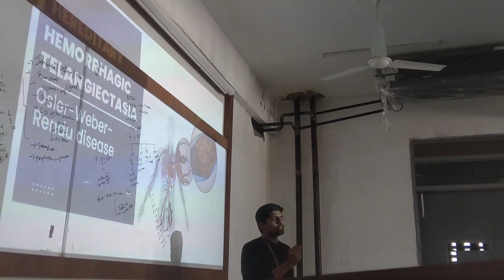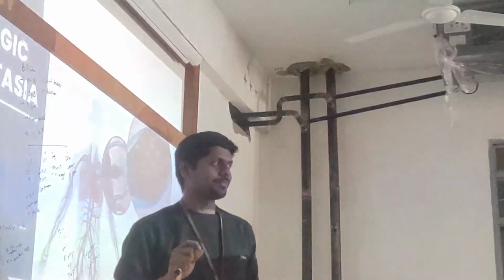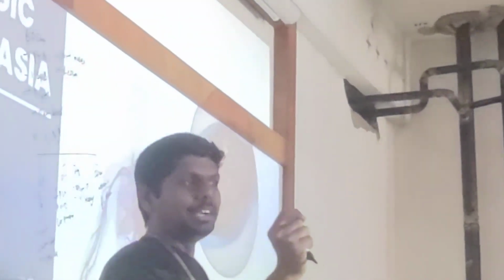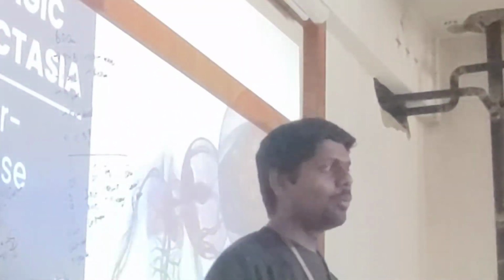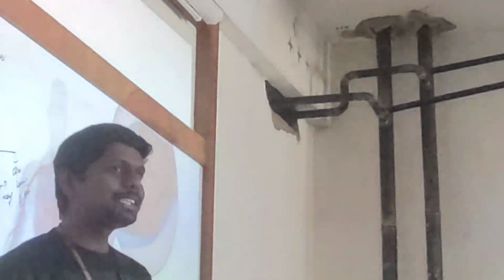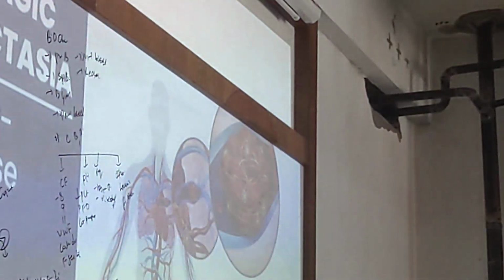There is a collagen issue in the body that is connected with a dietary source. Can you recall? Collagen synthesis depends on dietary intake. What diet? Yes, vitamin C. Very good, Miss Khushi.